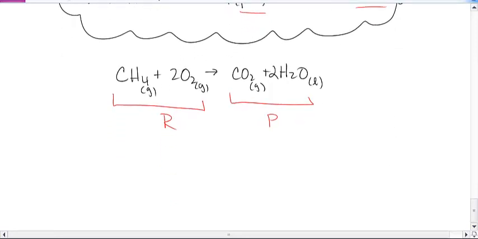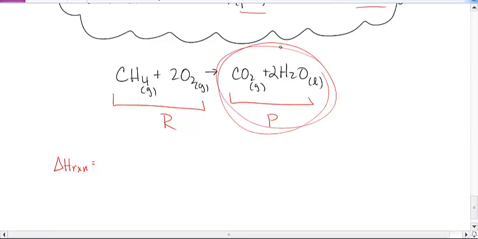So here's how Hess's Law works. Delta H for the reaction is equal to the sum of the heats of formation of the products, so that's these guys. Now, I do have to incorporate from the balanced equation how many moles are considered. So here's what I will do. I have 1 mole of carbon dioxide, and I need you to look on that table and find carbon dioxide.